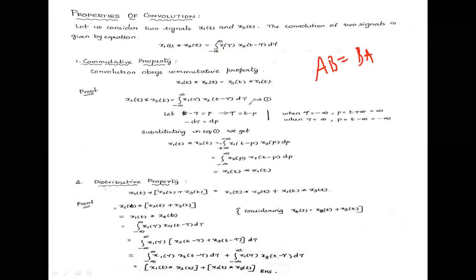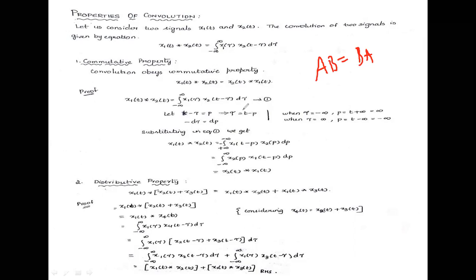Now I am using the definition, the integral from minus infinity to infinity of x1 of tau, x2 of t minus tau, d tau. Replace t minus tau with p, so tau is equal to t minus p.